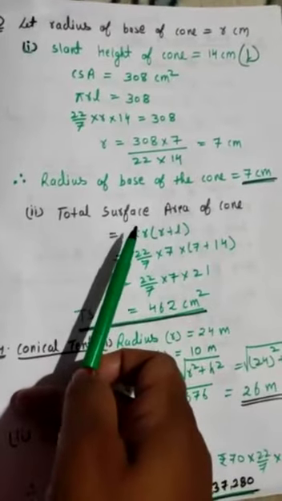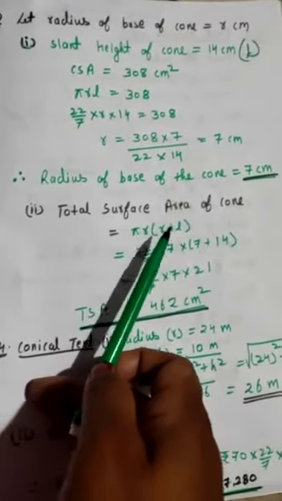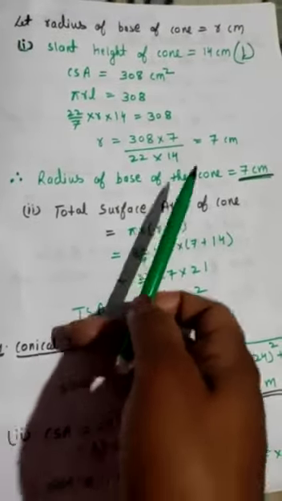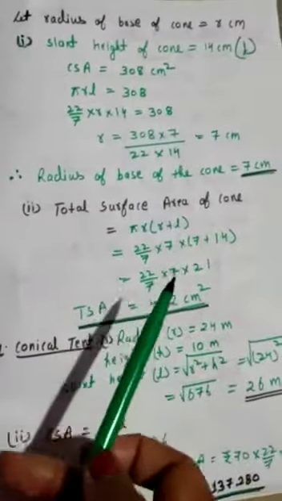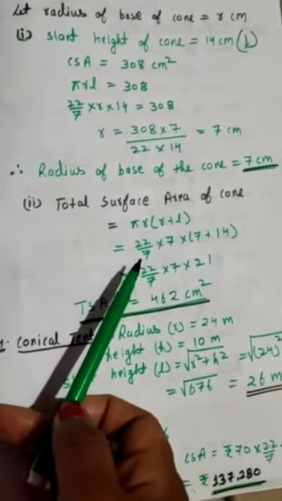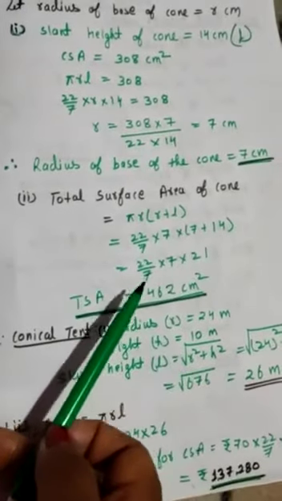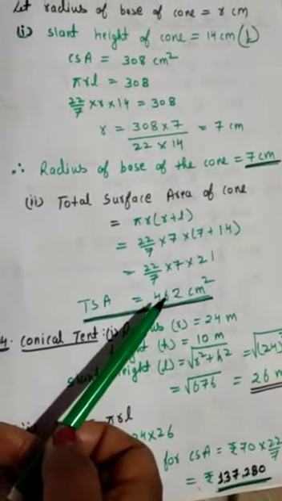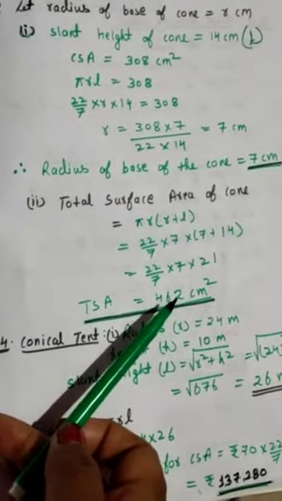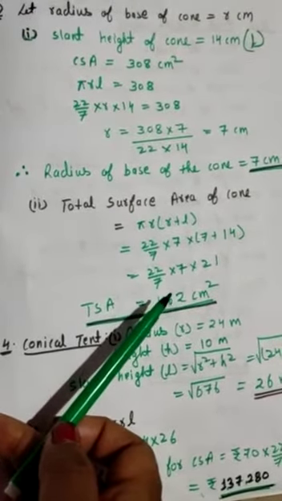Okay, so the total surface area is pi r into (r plus L). Now you know r, and L was already given to you, 14. So just use the values 22/7 into (7 plus 14). So the answer will be 462 centimeter square. Okay, so this is the TSA of the given cone.